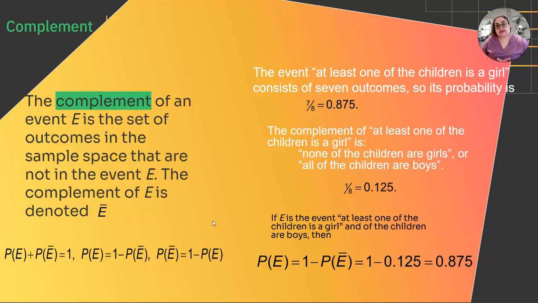So in this case, the event is at least one of the children is a girl, and E prime or E bar is all of the children are boys. So instead of finding the outcomes that were all boys, we could have said we know 7 of them have a girl, so 1/8 are all boys.